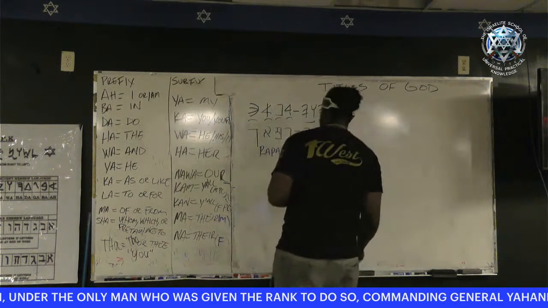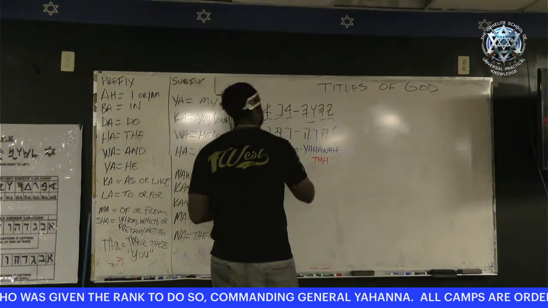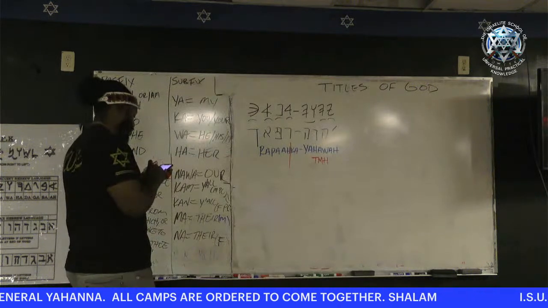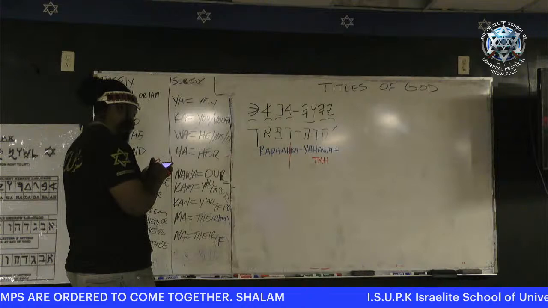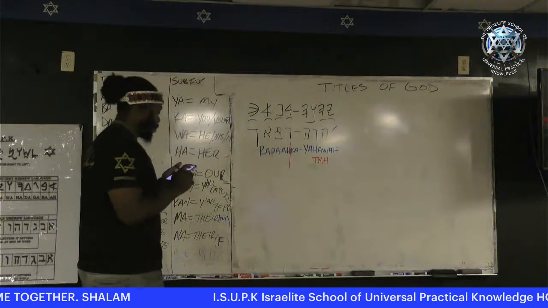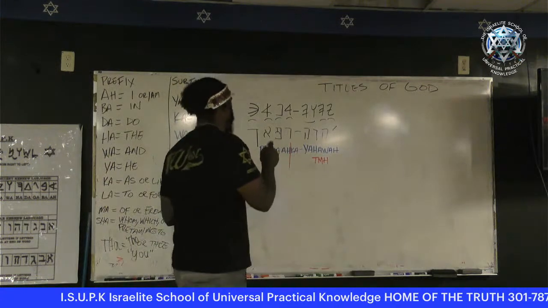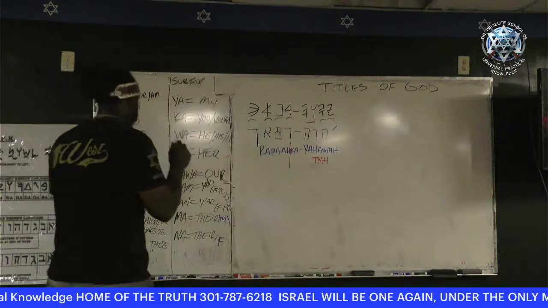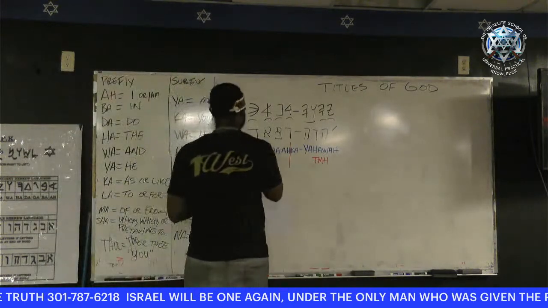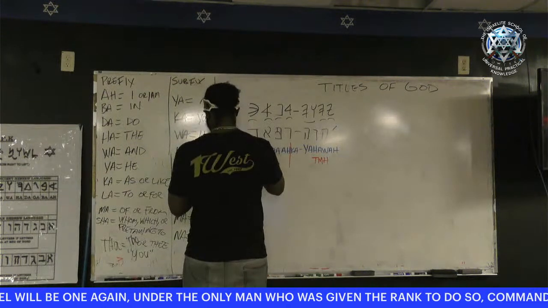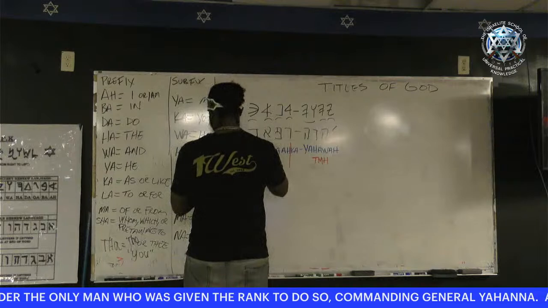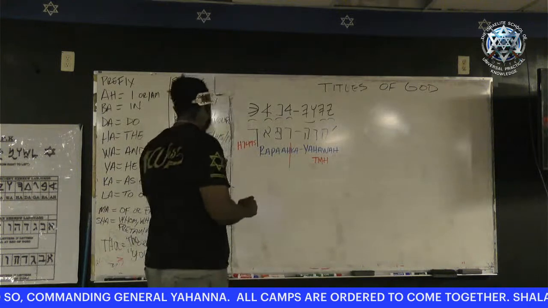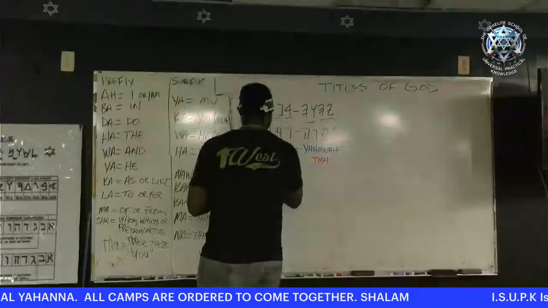Okay. So here we have a suffix. The root word here is rapha. And it can be written one of two ways. It can be the Ra, the Pa, and the Ah, or the Ra, the Pa, and a Ha. Strong's Concordance number for it is H7495. Which literally translates to heal.